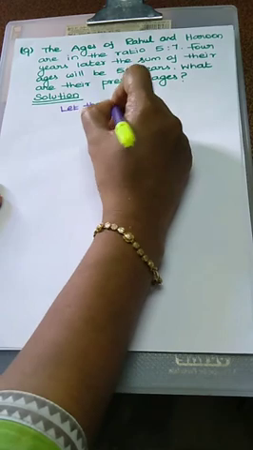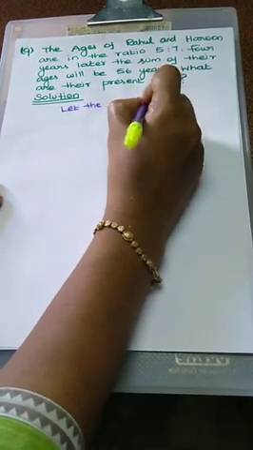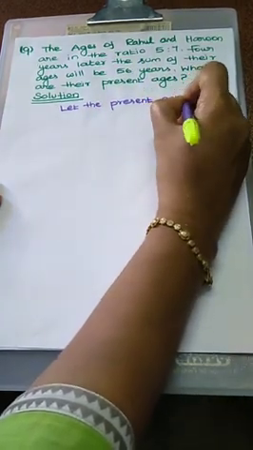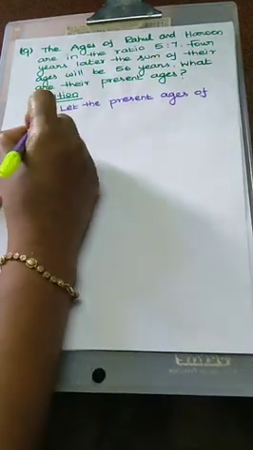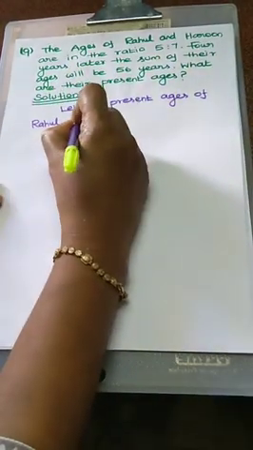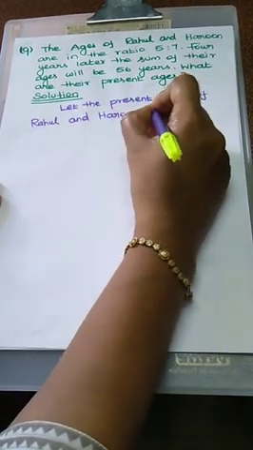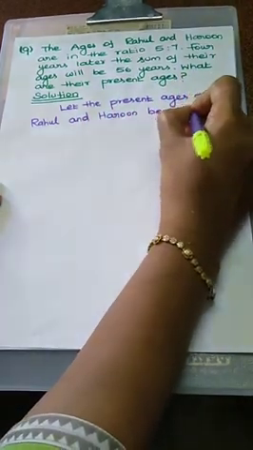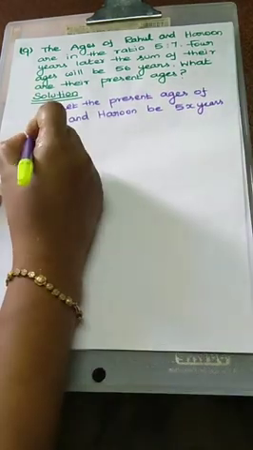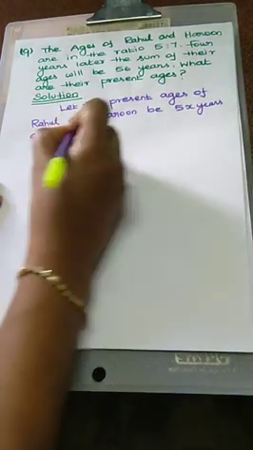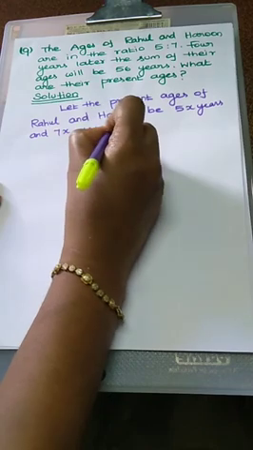Let the present ages of Rahul and Harun be 5x years and 7x years. Okay.